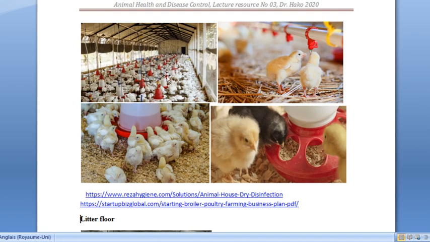Notice here we have broilers, and here we have a picture of the inside of the poultry house with equipment including drinkers and feeders. And I want you to observe here various types of equipment for drinkers and feeders.